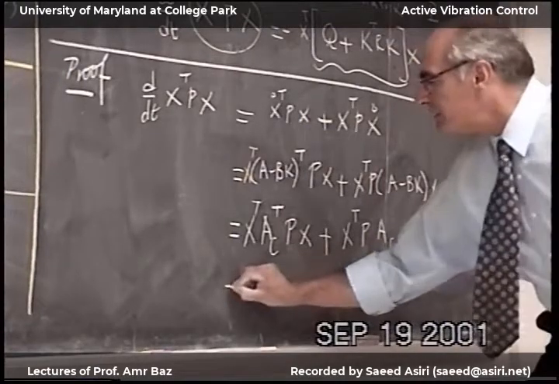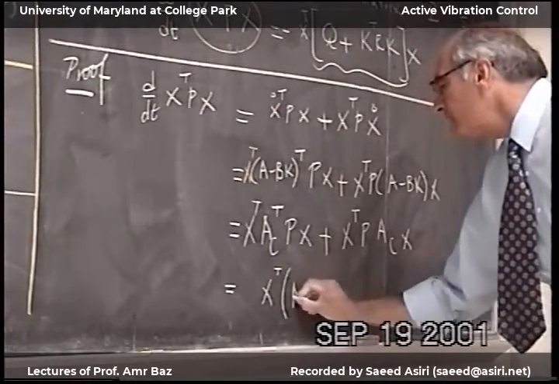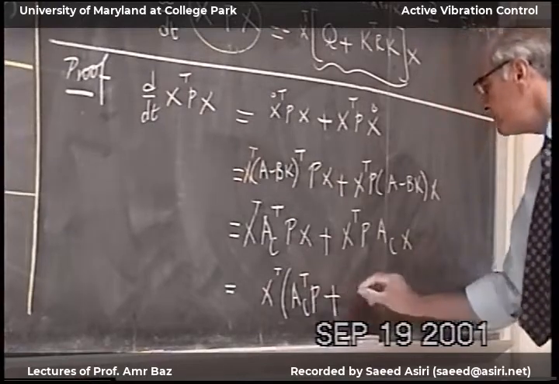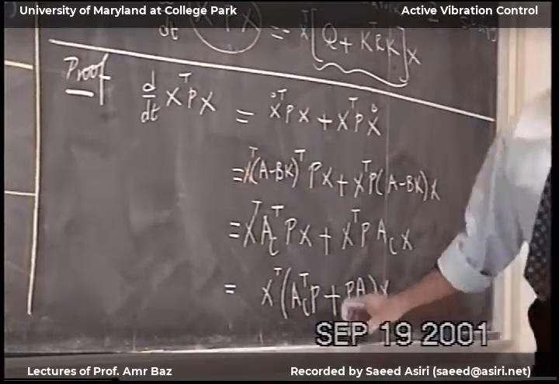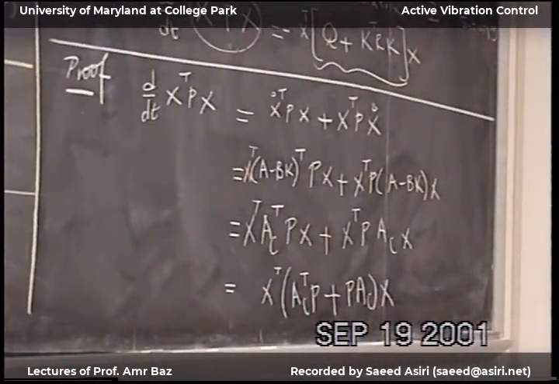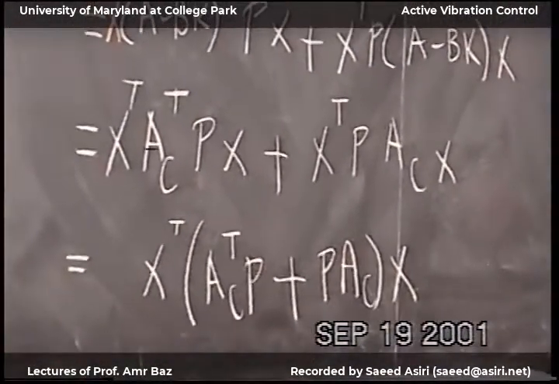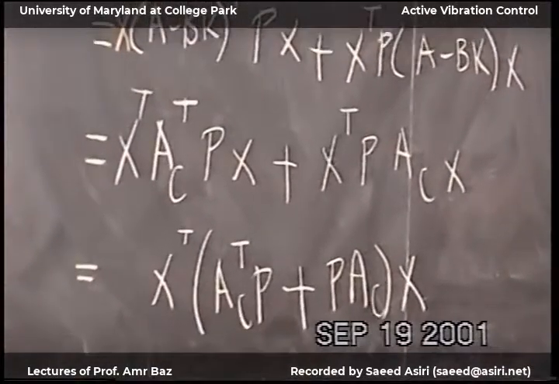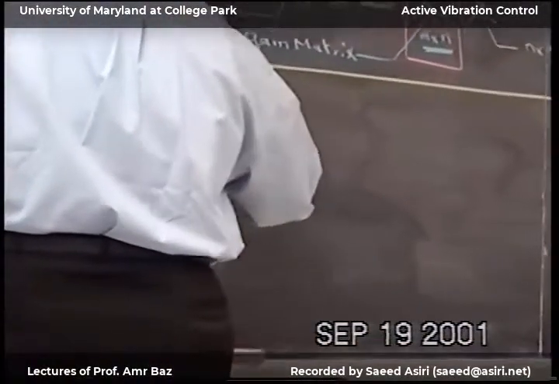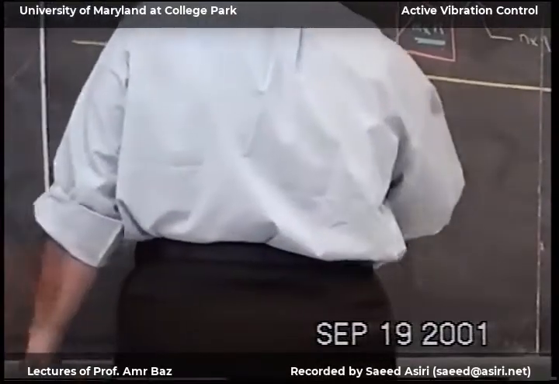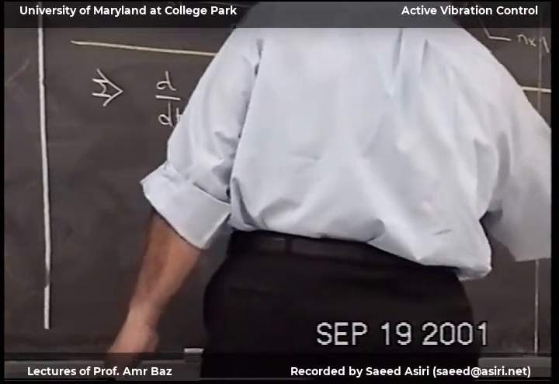So now this I can rewrite as x transpose (A_c transpose P plus P A_c) x. Now here it says that d by dt of x transpose P x is equal to x transpose (A_c transpose P plus P A_c) x.